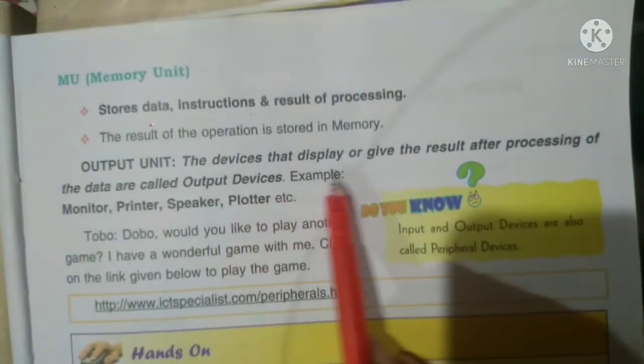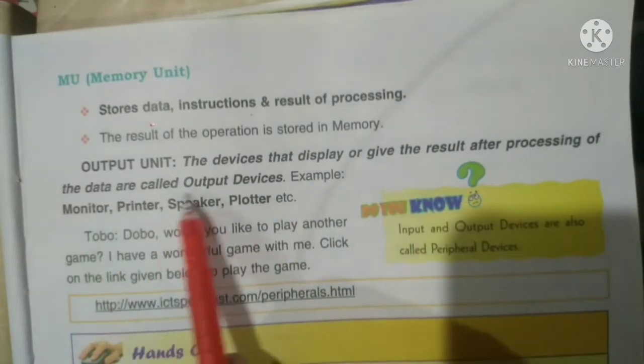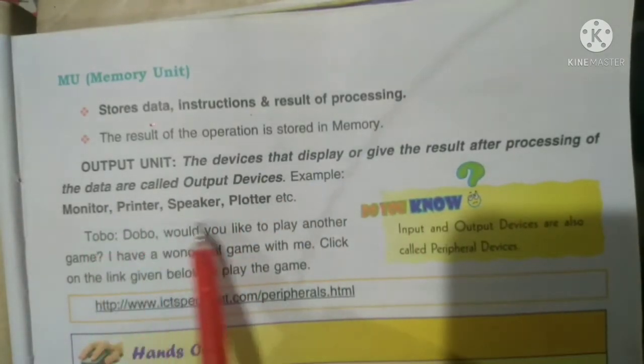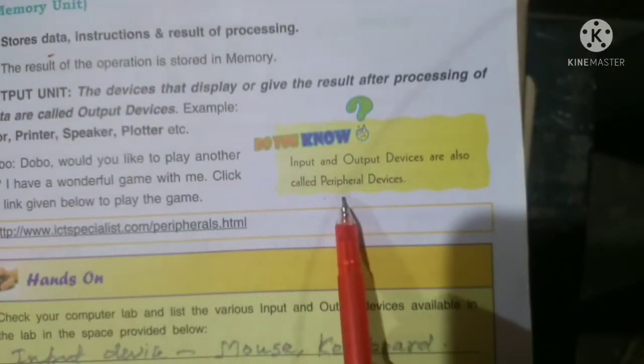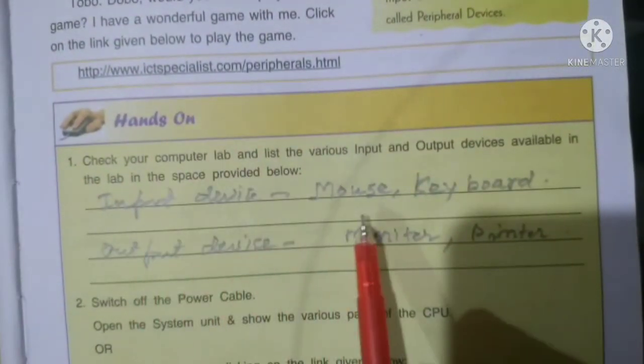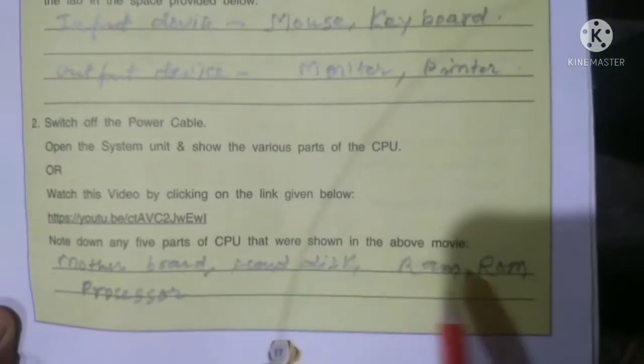Output unit: the devices that display or give the result after processing of the data are called output devices. Monitor, printer, speaker, etc. Input and output devices are also called peripheral devices. Hands-on, input device: mouse, keyboard; output device: monitor, printer. Motherboard, hard disk, RAM, ROM, processor.